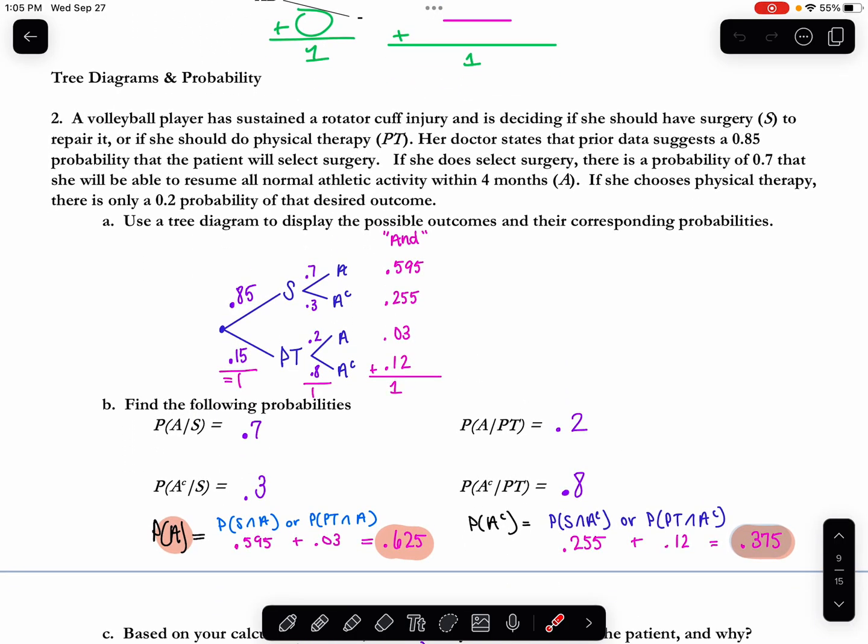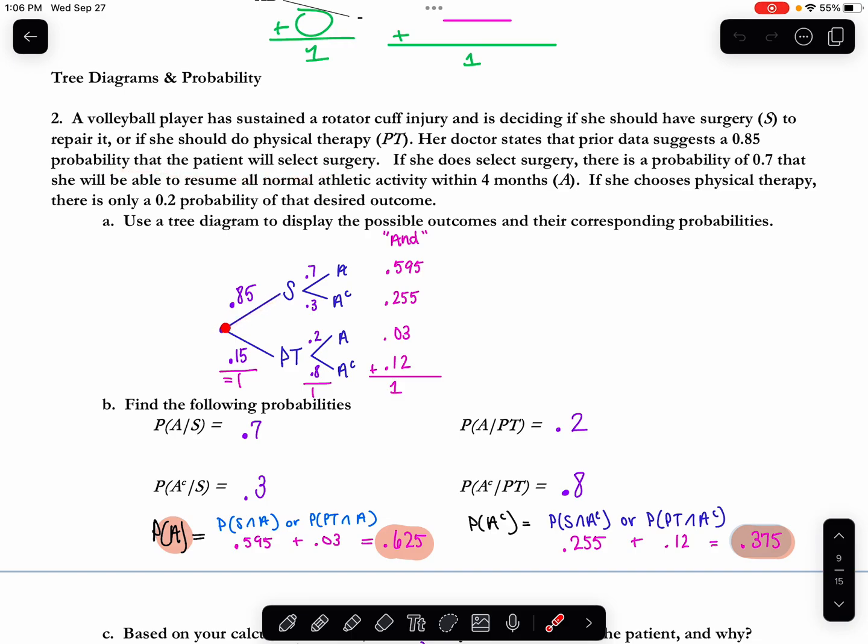A volleyball player has sustained a rotator cuff injury and is deciding if she should have surgery, S, to repair it, or if she should do physical therapy. So that's the first decision, right? When we make our tree diagram, we have a starting point. The first choice is whether we should have surgery or do physical therapy. Then it says her doctor states that prior data suggests a 0.85 probability that the patient will select surgery.